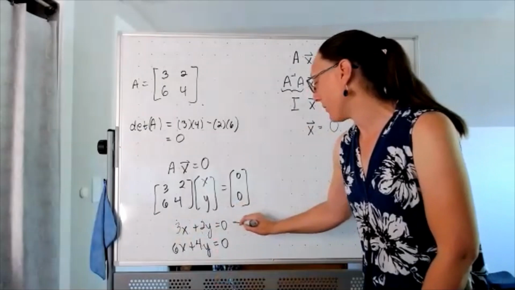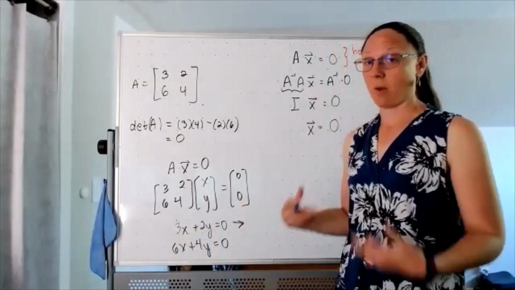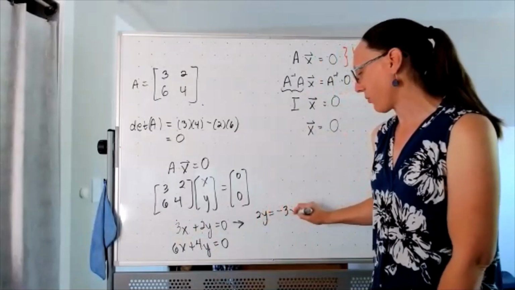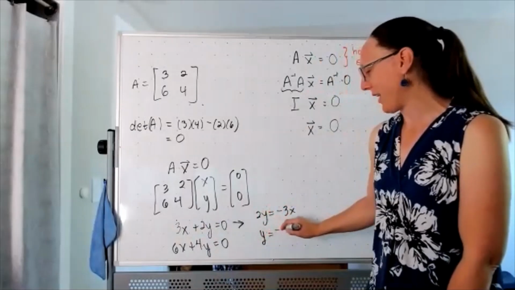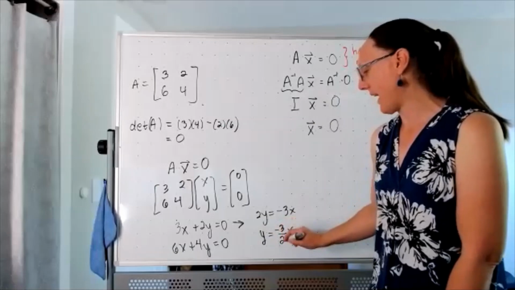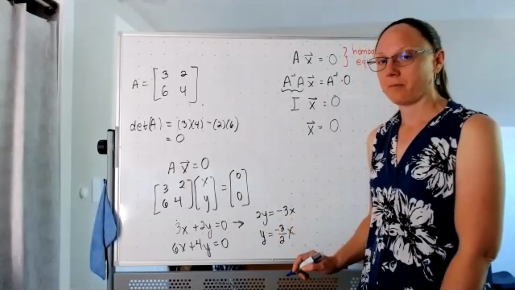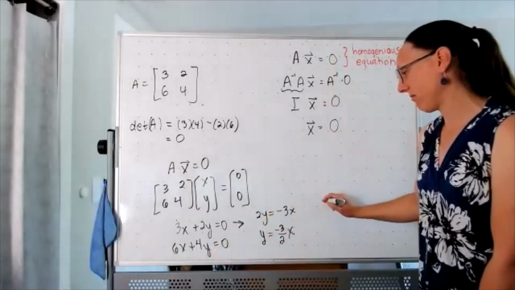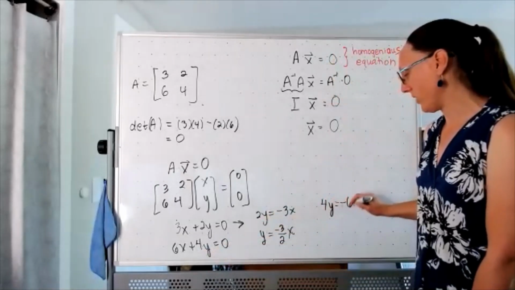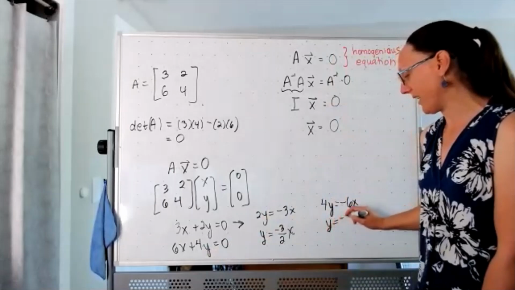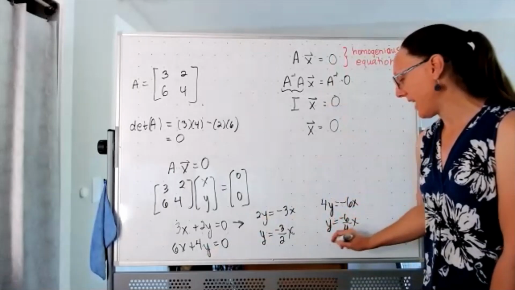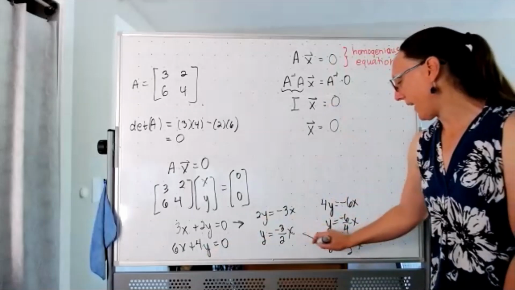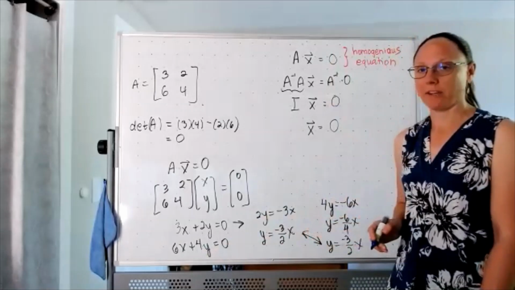If I take that top equation and rearrange it to make it say y equals, I'd get 2y is equal to negative 3x, and I divide both sides by 2, and I'd get negative 3 halves x. Well, this bottom equation, if I also solved it for y, I'd have 4y is equal to negative 6x, so y is equal to negative 6 over 4 x. And if we reduce our fractions, we get exactly the same equation.